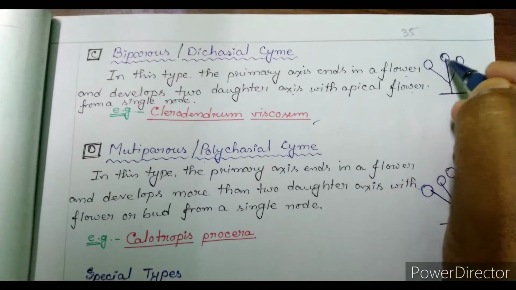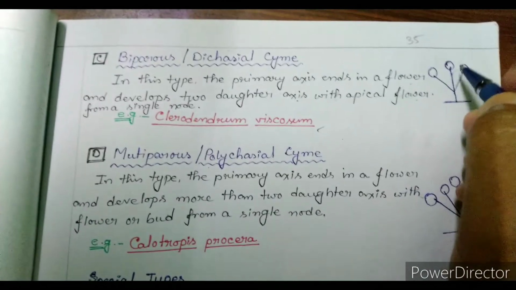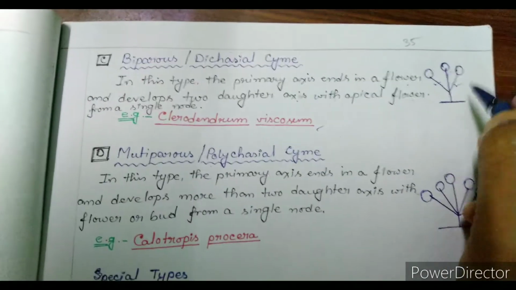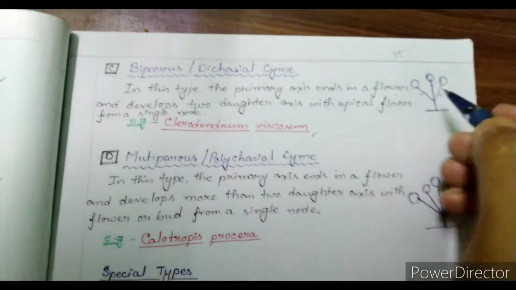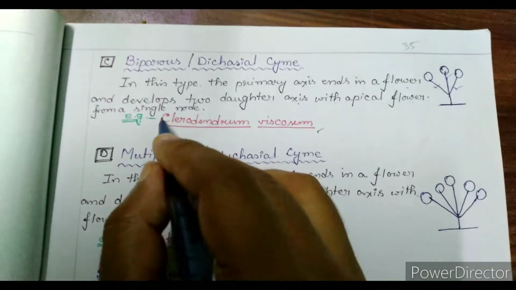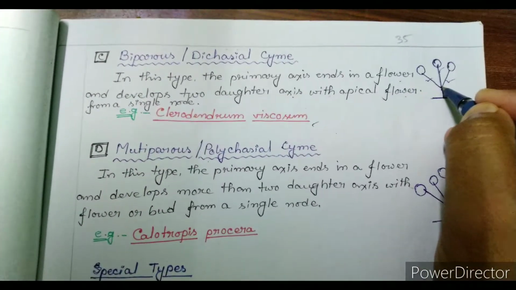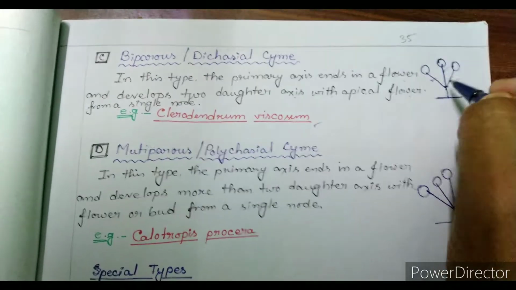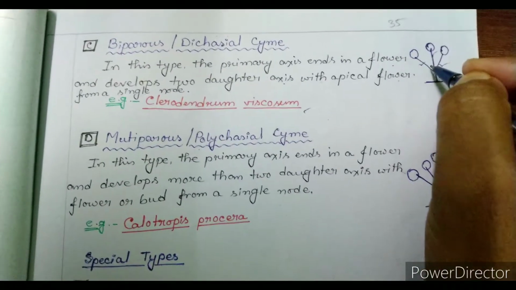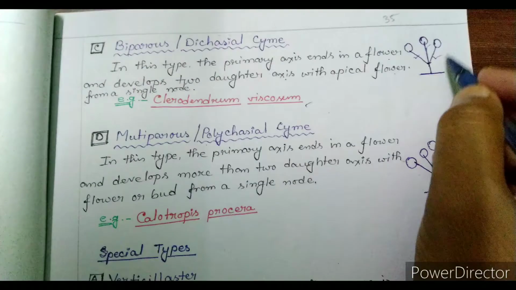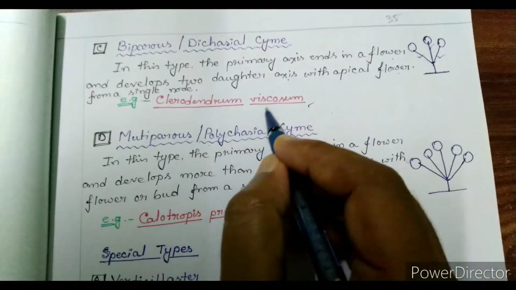They all arise from a single node. This type of inflorescence is present in Clerodendrum viscosum.